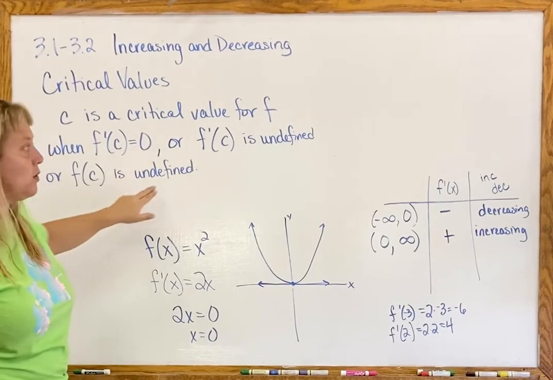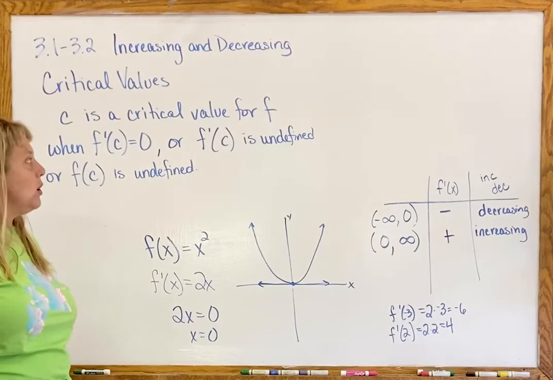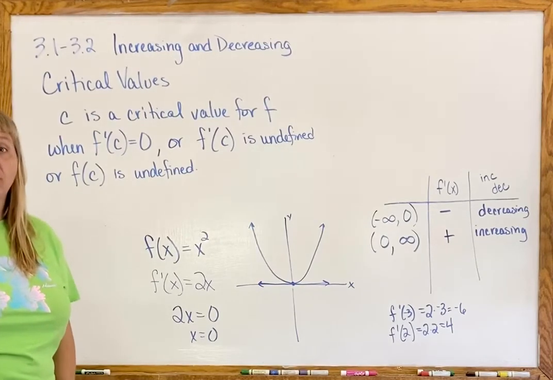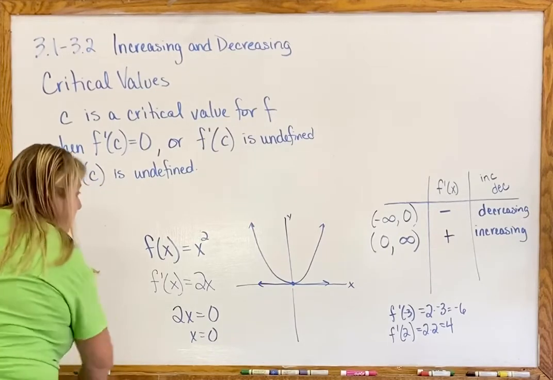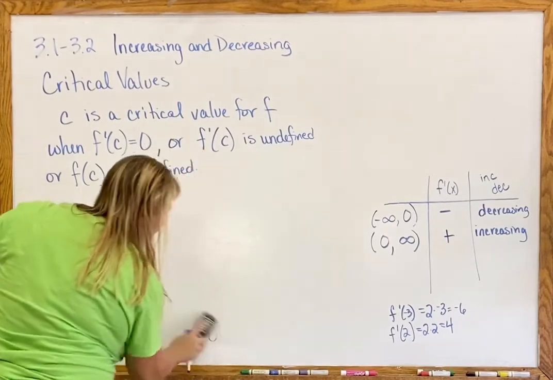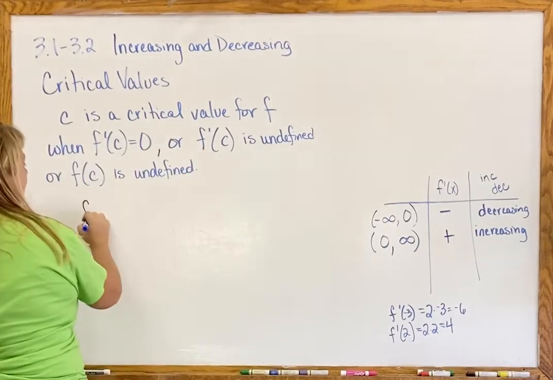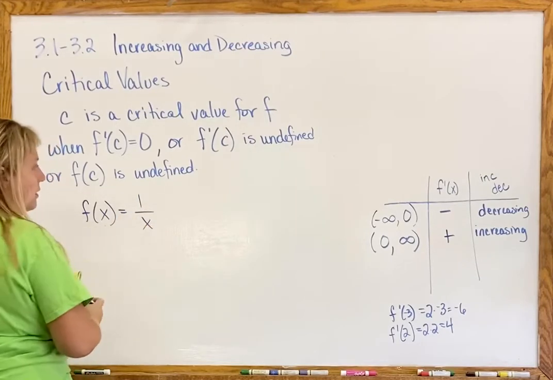But there are two other ways that we find critical values. Critical values would be where the function or its derivative are undefined. As another simple example here, we're going to use our most basic rational function, f of x equals 1 over x.